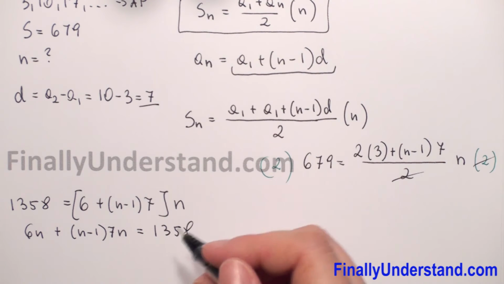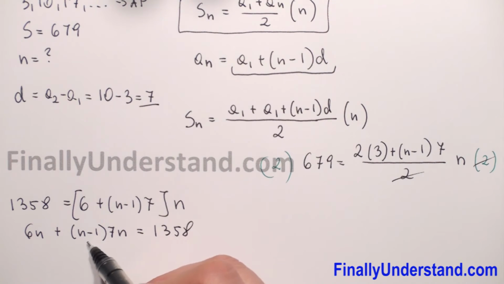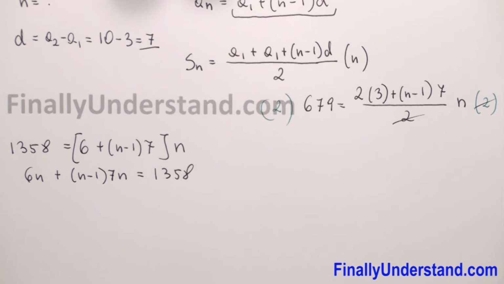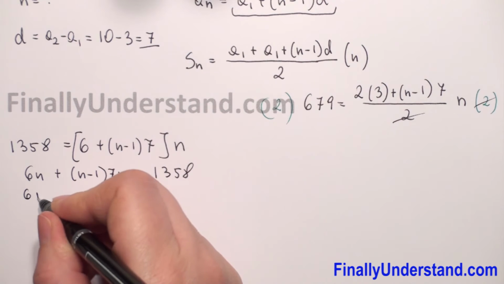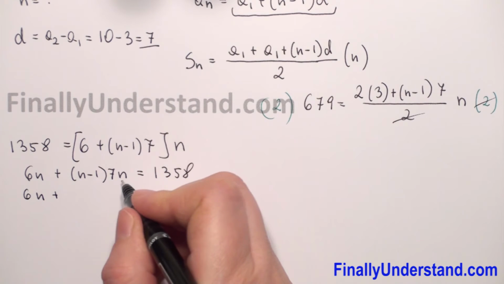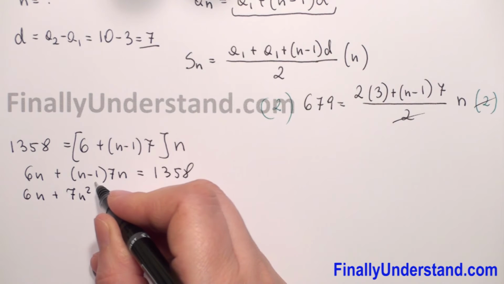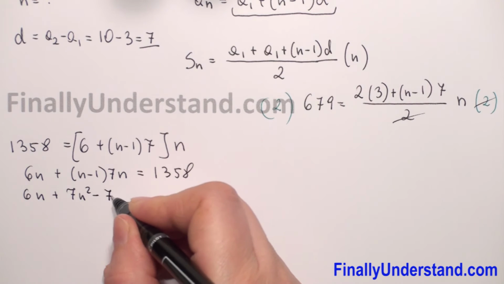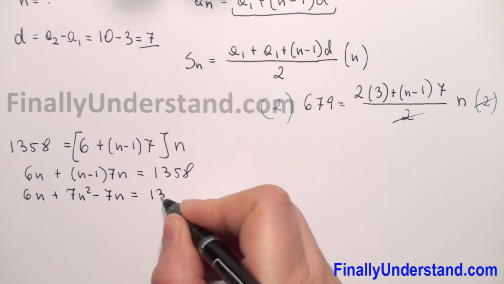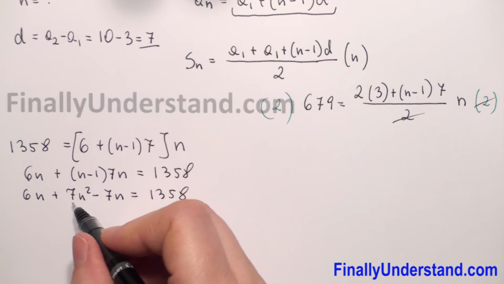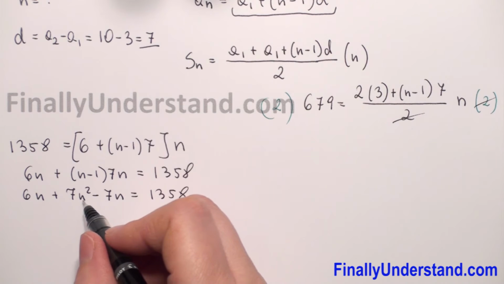So now we will do multiplication. n minus 1, we have to multiply by 7n. So we have 6n plus 7n times n will be 7n squared. 7n times negative 1 will be negative 7n, equal to 1358. Now I will combine the like terms and we have 7n squared.